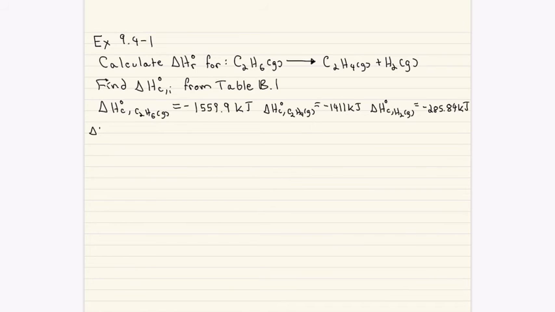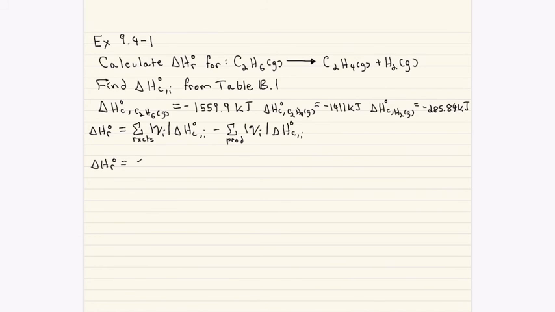And so to calculate the standard enthalpy of reaction, we're going to use the formula we defined on the previous page, where we have the reactants, the magnitude of their stoichiometric coefficients, and we're subtracting the products. And so let's plug in the values that we found from Table B1. Okay, and so let's start with the reactants.